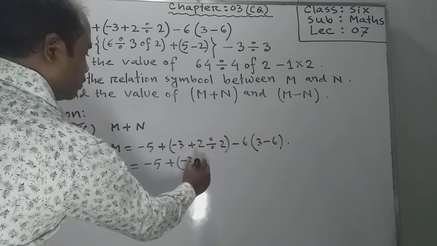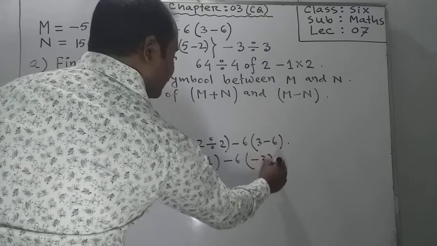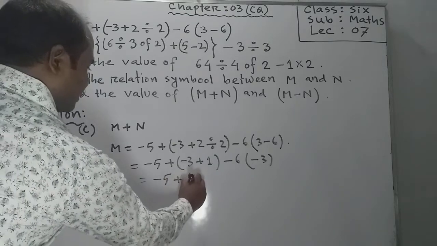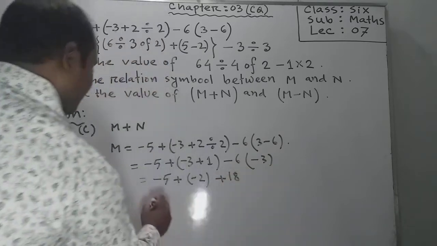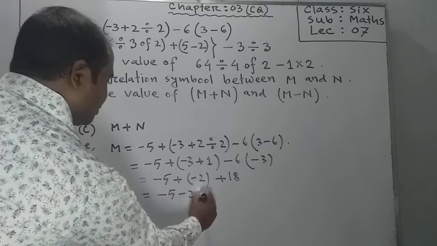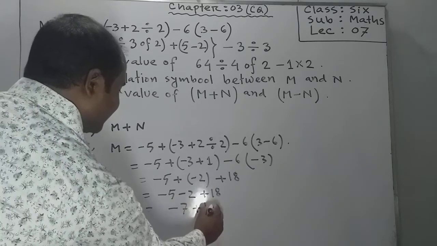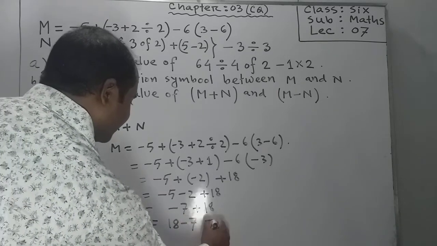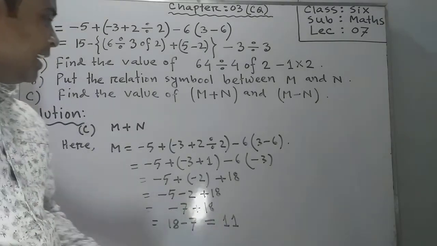Minus 3 plus 2 divided by 2 is 1. 3 minus 6 is minus 3. Minus 5 plus 1 is minus 2. Minus 5 plus into minus, this is minus 2 plus 18. Minus 7 plus 18 equals 18 minus 7, this is 11. So m equals 11.